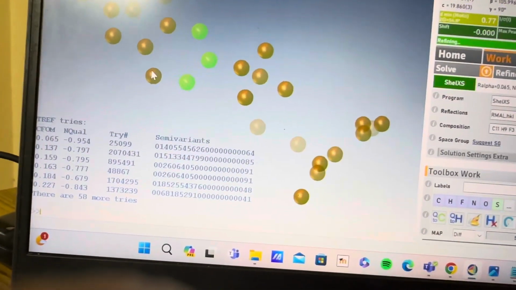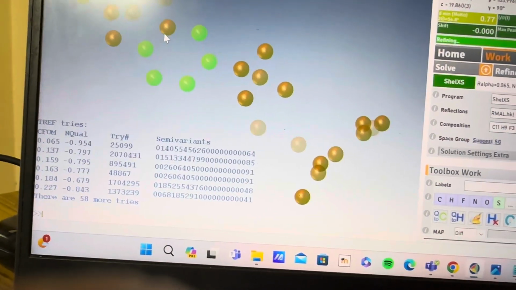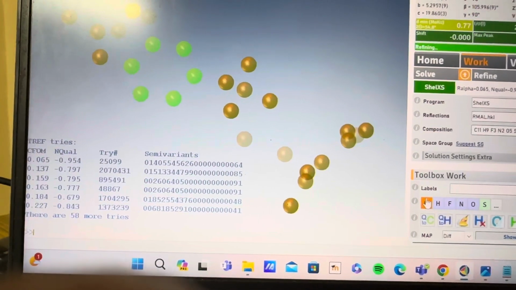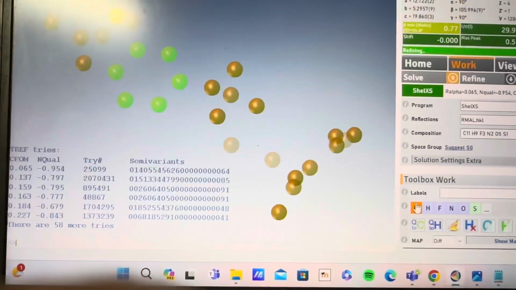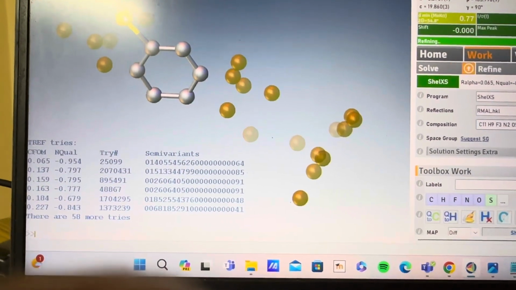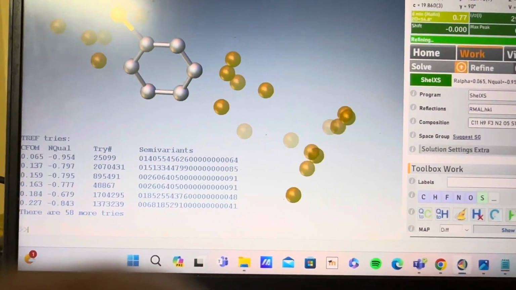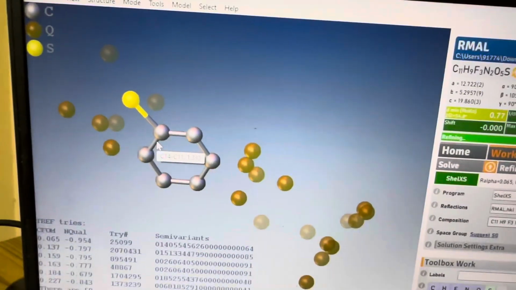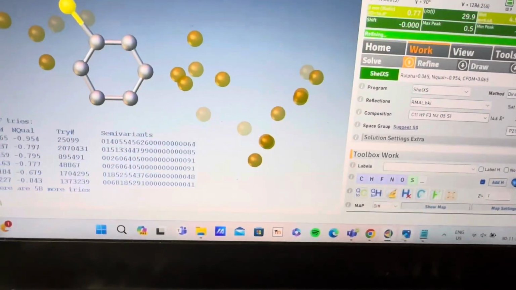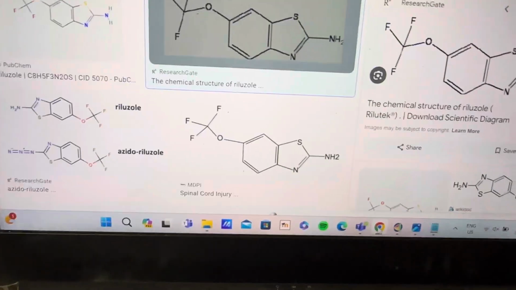As we can see here, there is a 6-membered ring which corresponds to the benzene ring in the molecule. These should be carbon atoms. Now this yellow one is the sulfur atom. Again we have a 5-membered ring, right?